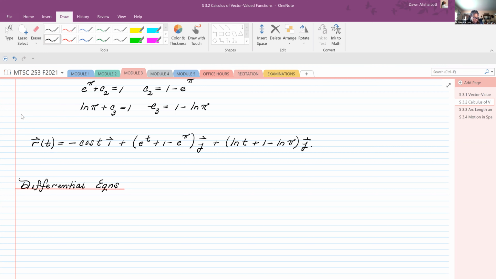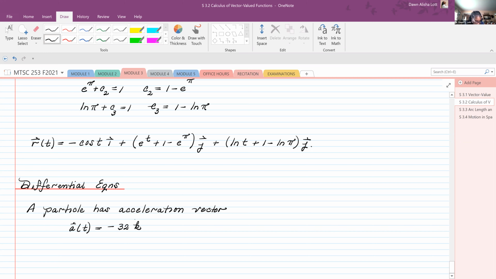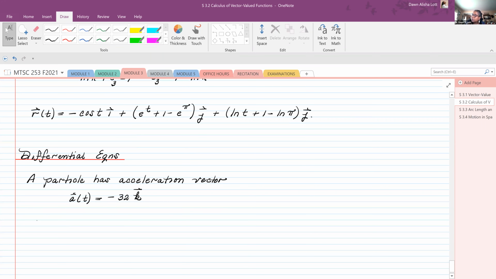Okay, for the differential equation, a particle has an acceleration vector a of t equal to negative 32k.